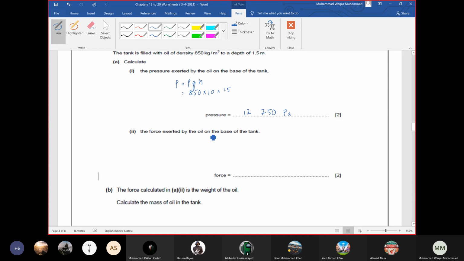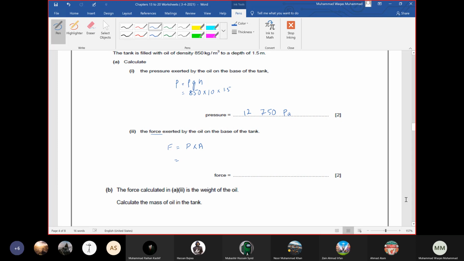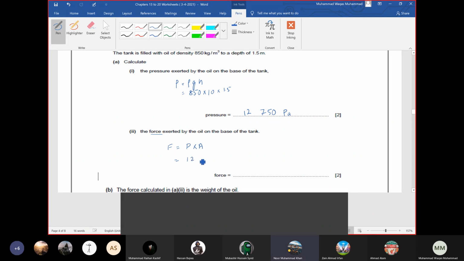Now, beta, the force exerted by the oil on the base of the tank. We rearrange the formula. Pressure is equal to force over area. Area is given above and we have to calculate force. So force is equal to pressure times area. Pressure we have just calculated: 12,750 times the area.